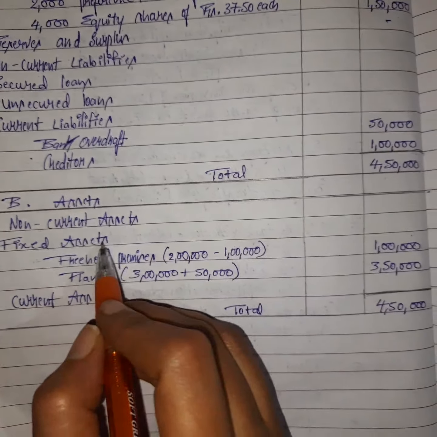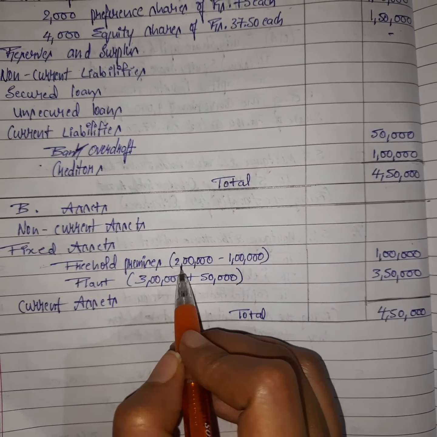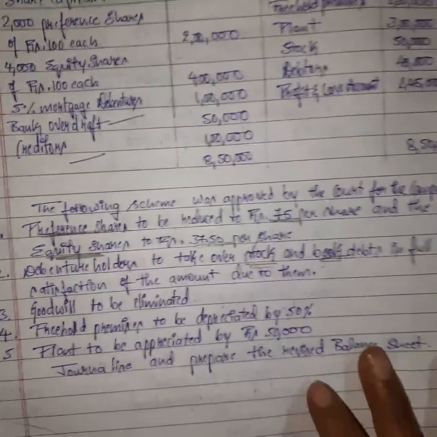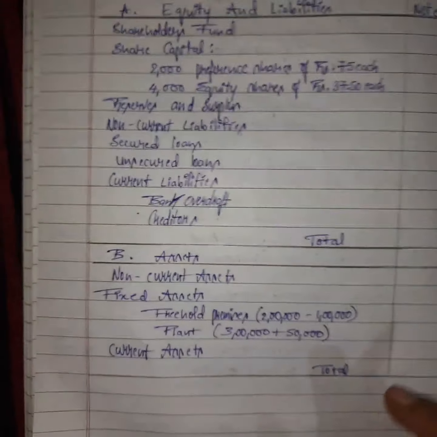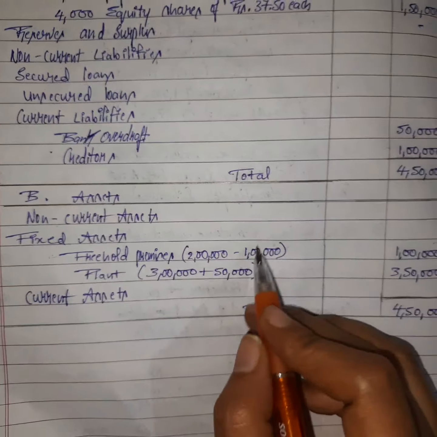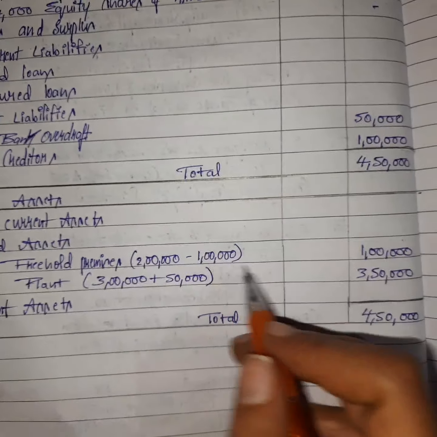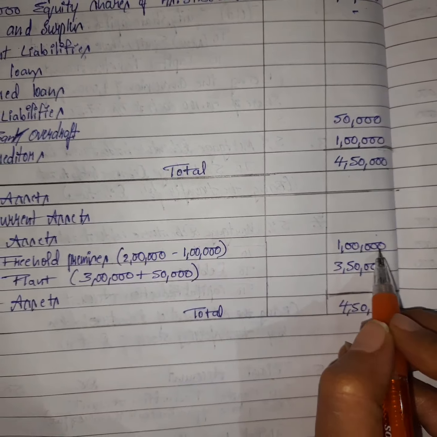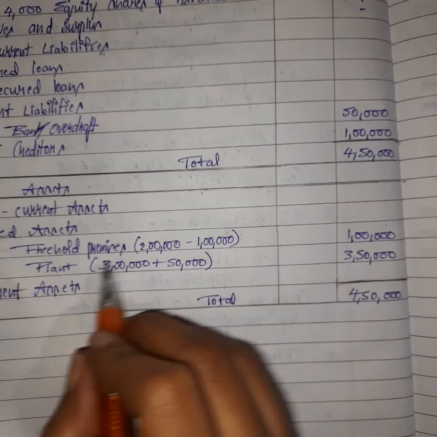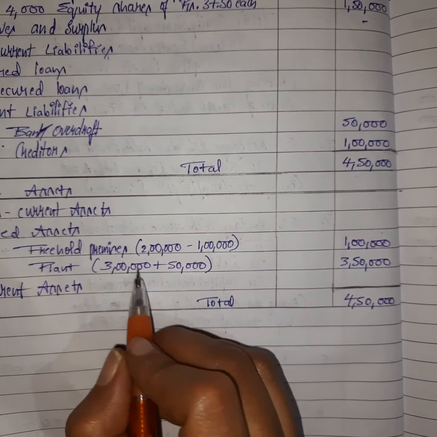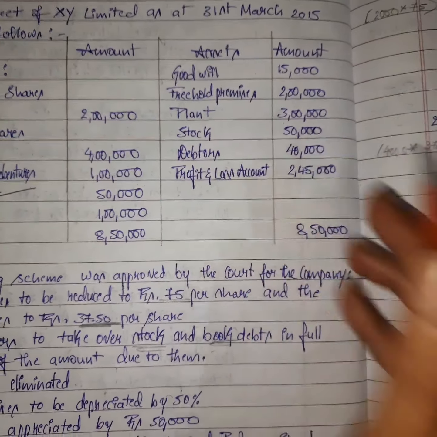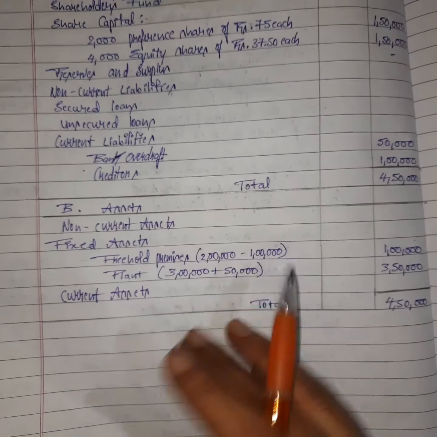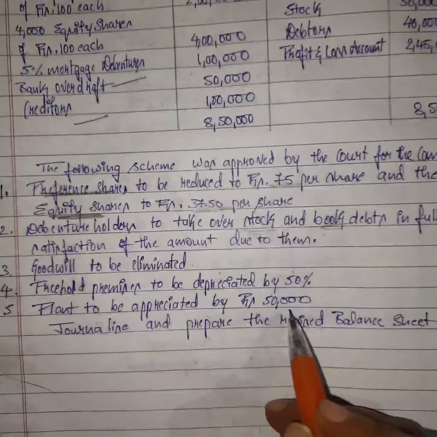Coming to fixed assets, freehold premises. They have mentioned 2 lakh, so you will be mentioning 2 lakh. In that, the reduction is 1 lakh, so another 1 lakh you will be writing here. Coming to plant, you will take the amount in the balance sheet, 3 lakh, plus the appreciation amount 50,000.